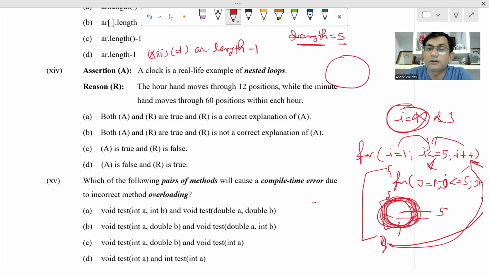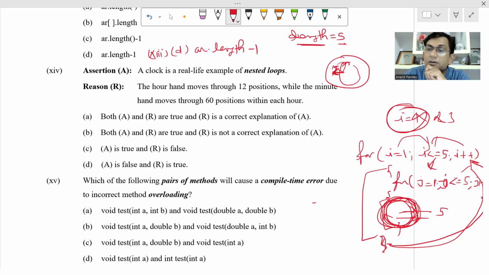The same hour and minute hands are there. The hour hand stays at one place, and the minute hand moves. It takes a round. After taking a round, it moves to the next number, the next hour. Then again the minute hand takes a round, then it moves to the next number.